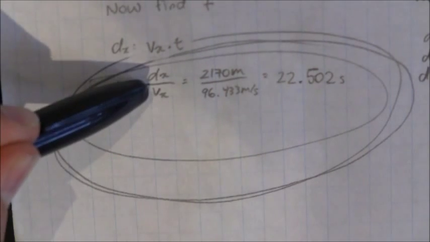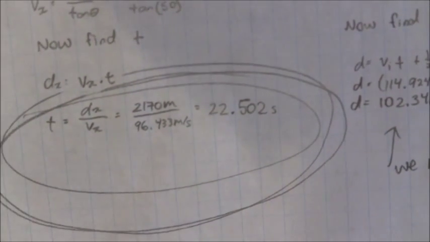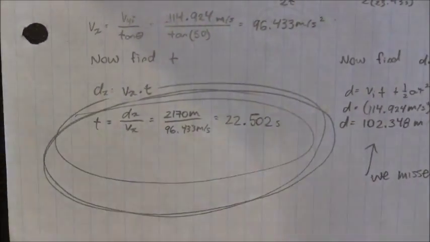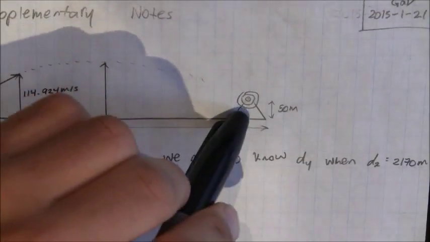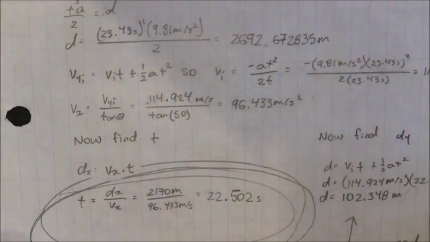We know d of x is 2170, and we know V of x, which is, in this case, 96 meters per second. And we can find our time. So what is the time at which it has hit this? Well, in this case it's 22.502 seconds.